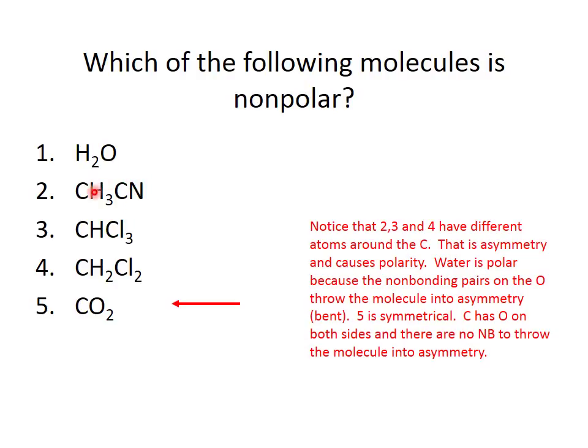And this side is different from this side on that central atom. If I look at the central atom here, it's got 2 different groups. If I look at the central atom here, it's got 2 different groups. This molecule has 2 groups of the same on either side, and the carbon has no non-bonding pairs. That makes this the most symmetrical of them all, and so it is nonpolar.